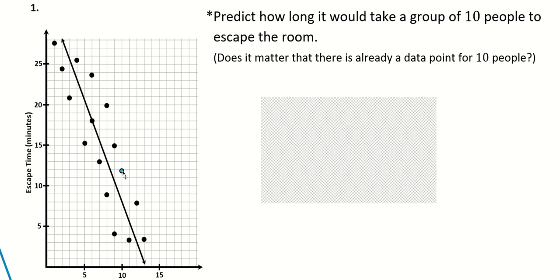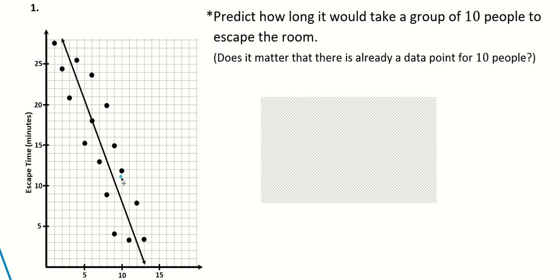This data point was from a group of 10 people, and it took them 12 minutes. But is the answer 12 minutes? If we had to predict how long it would take if another group of 10 walked into the escape room and tried it, would it also take them 12 minutes?